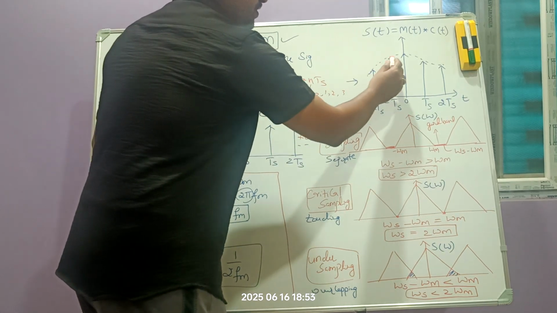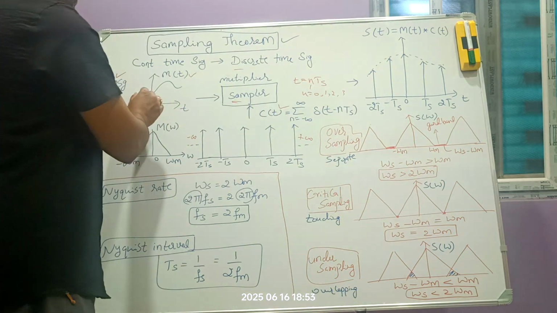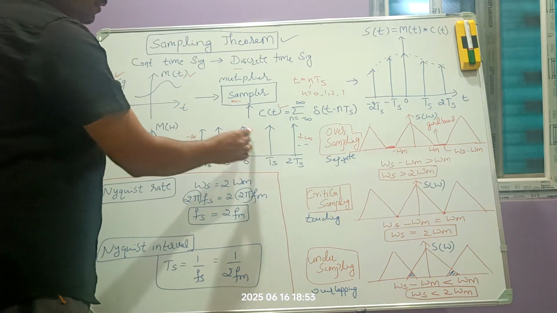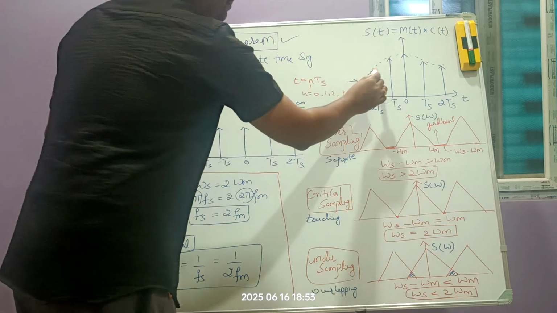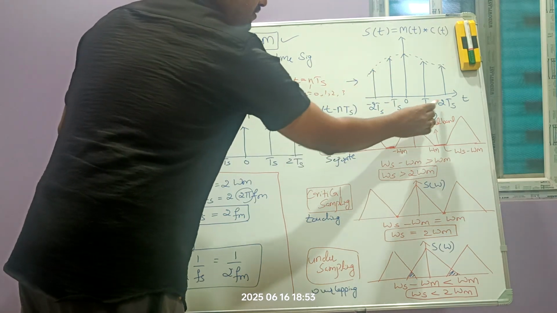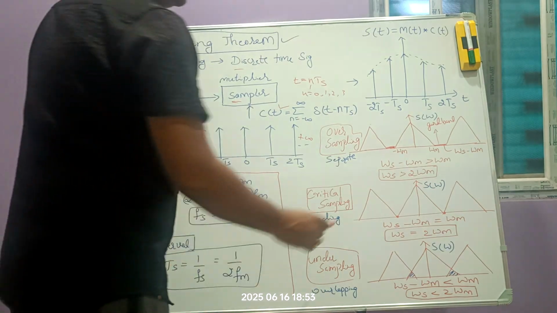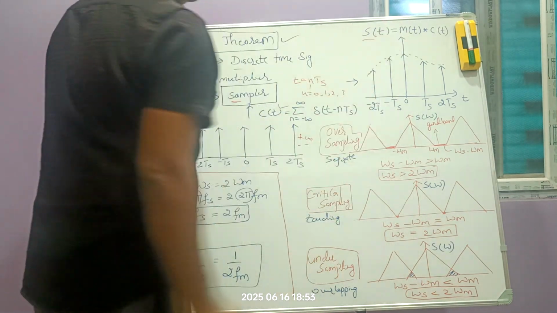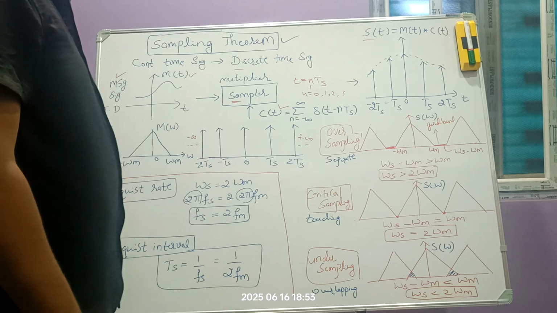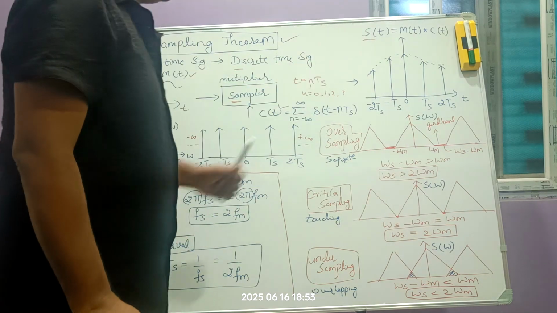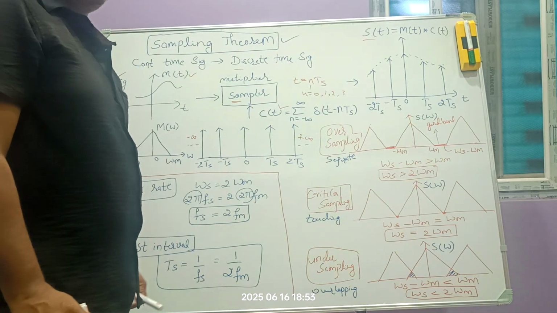This is the message envelope which we have considered here, and this is the train of samples, the samples are at 0, ts, 2ts, minus ts, minus 2ts. So this s of t is a product between the message and the carrier.